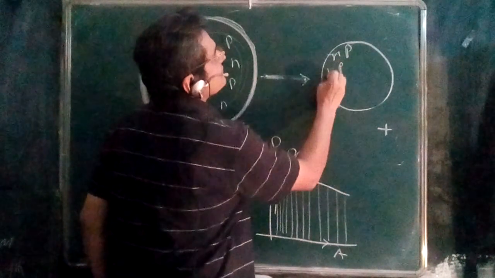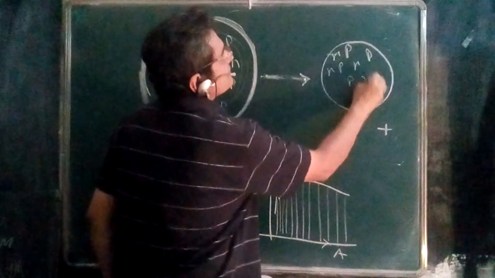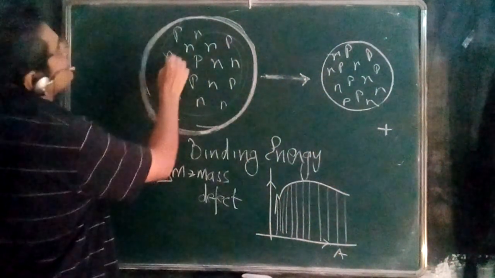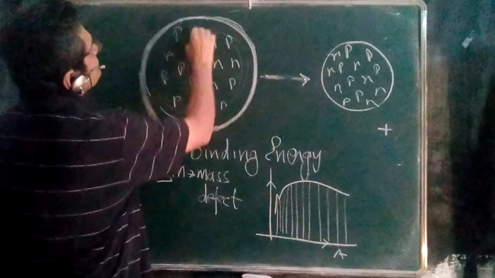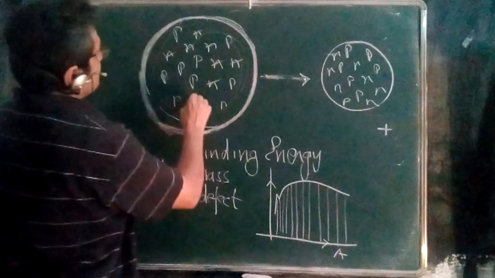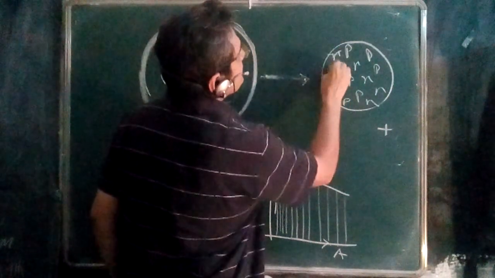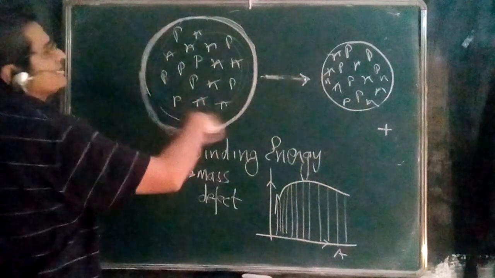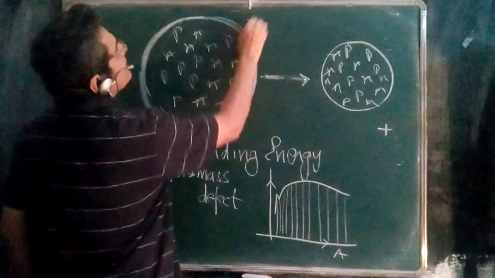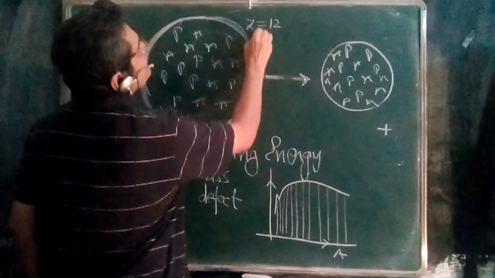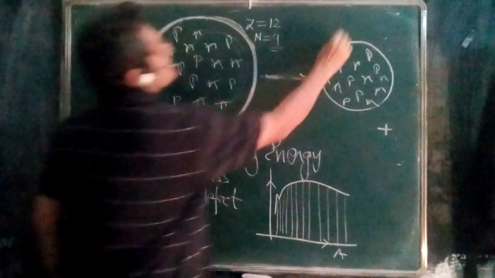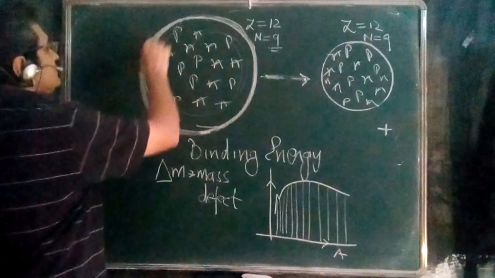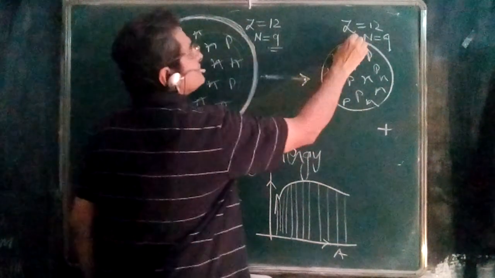Suppose I have 9 neutrons here, 1 2 3 4 5 6 7 8 9, and suppose 12 protons. So here also I will have 12 protons and 9 neutrons. These are when they are not part of the nucleus, and here they are part of the nucleus.